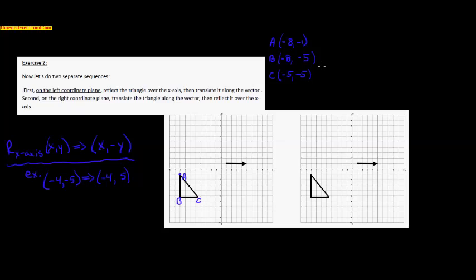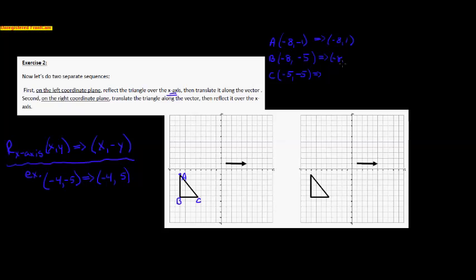Okay, and the first thing I want to do is I want to reflect them over the x-axis. So again, mentally I'm thinking, okay, where is this going to go? It's going to reflect over the x-axis, which is this horizontal one. It's going to reflect up into quadrant 2. Alright, so let's just do the reflection according to the rule, which means it changes the x-coordinate just to be the same, but it changes the y-coordinate to be opposite.